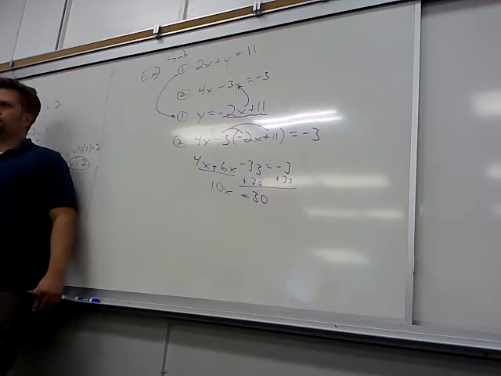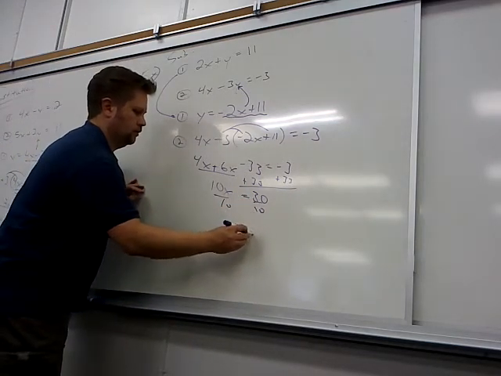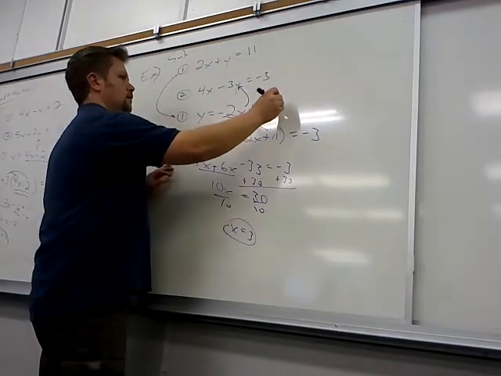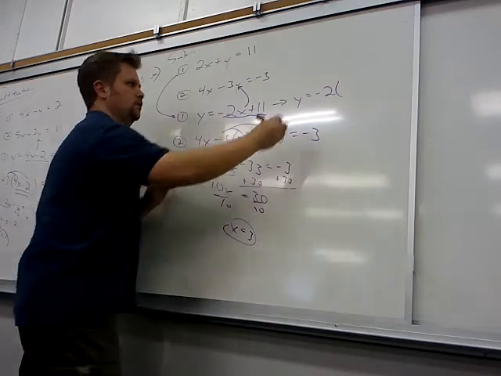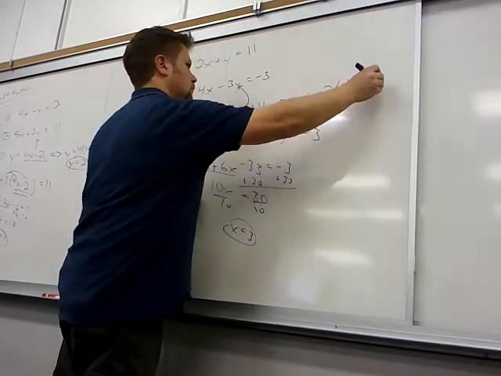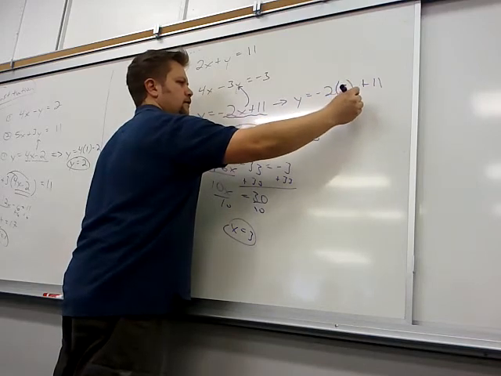X equals 3. Yep, so x equals 3. So y, negative 2 times x, which is 3. Y equals negative 6 plus 11 is 5.